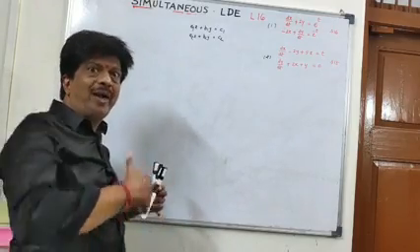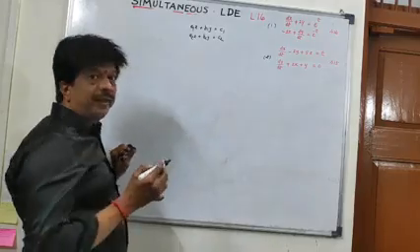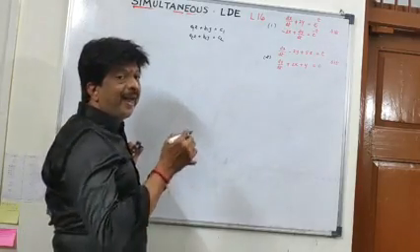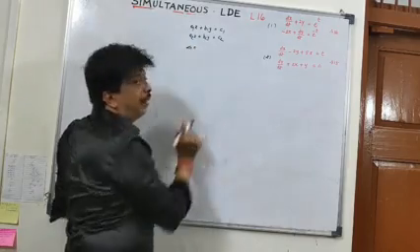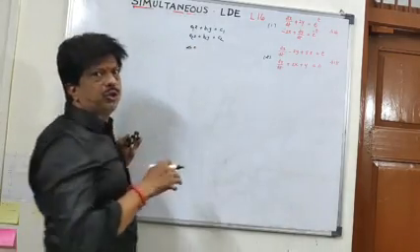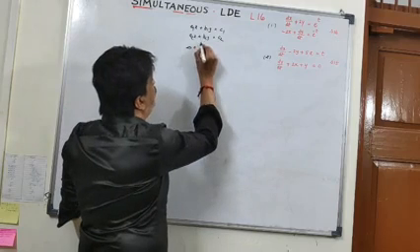So we have already learned that there are three determinants. Delta is the determinant of unknowns a1, b1, a2, b2.